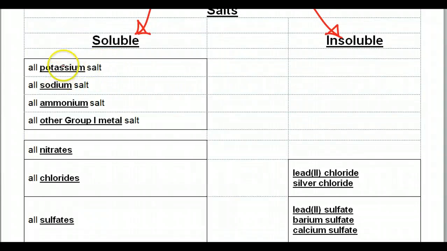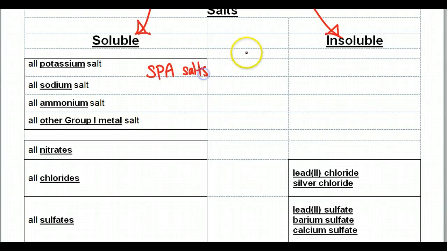First up, let's look at sodium, potassium, ammonium, group 1. These are what we call your SPA salts. So any salts that contain sodium, potassium, or ammonium will be soluble.